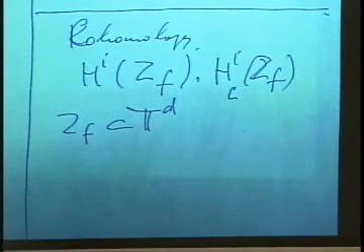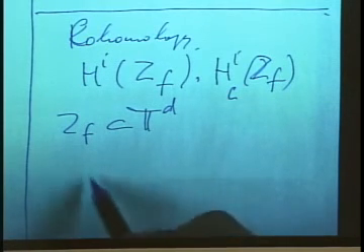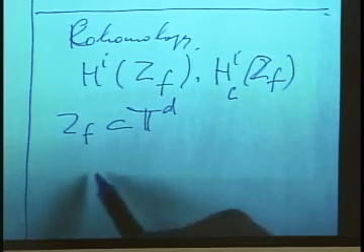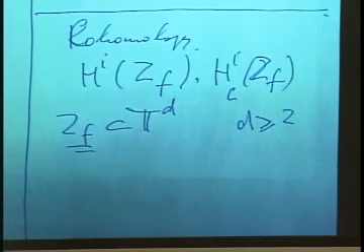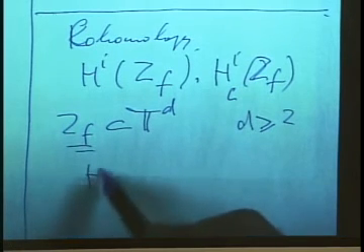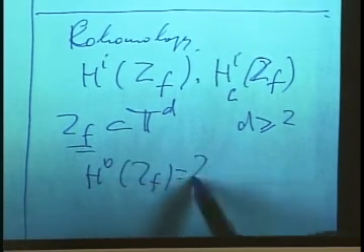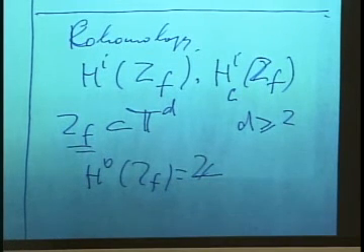In our situation, the relation between cohomology and cohomology with compact support is the following. We can assume that d is at least 2, because if d is 1, we have only finitely many points. It's not so interesting. But for d at least 2, we have a connected variety, and that means that H0 will always be Z if you compute it.